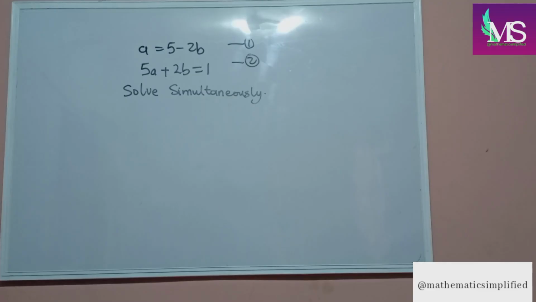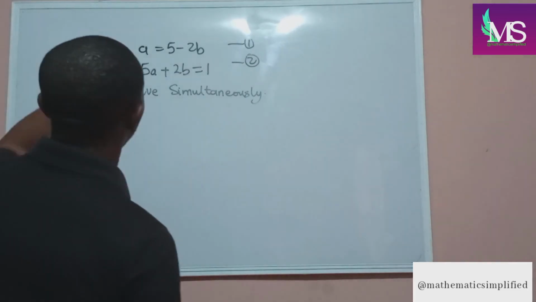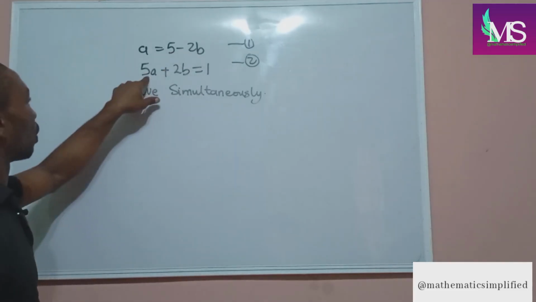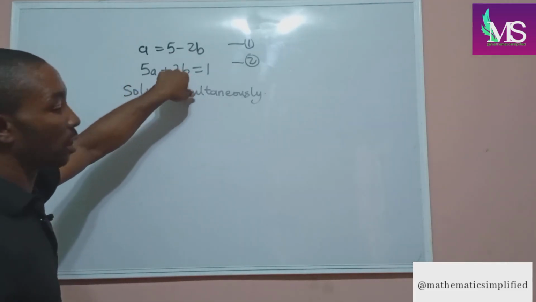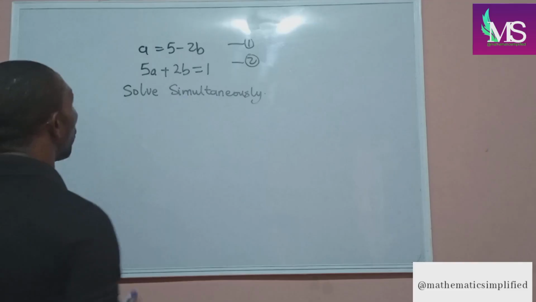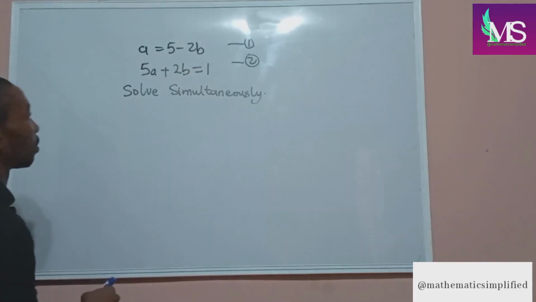Our next question says, solve simultaneously the following equations. We have a equals 5 minus 2b, and 5a plus 2b equals 1. For us to solve simultaneously, we have to make both our coefficients and our constants be on the same side.